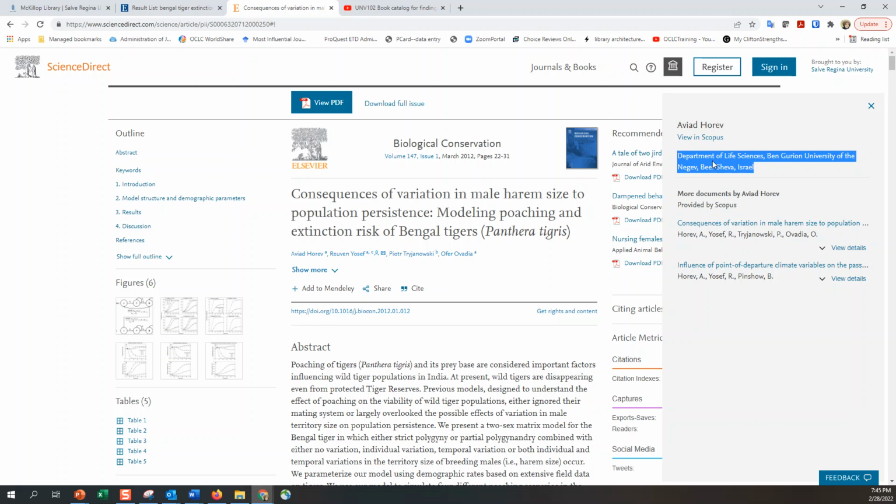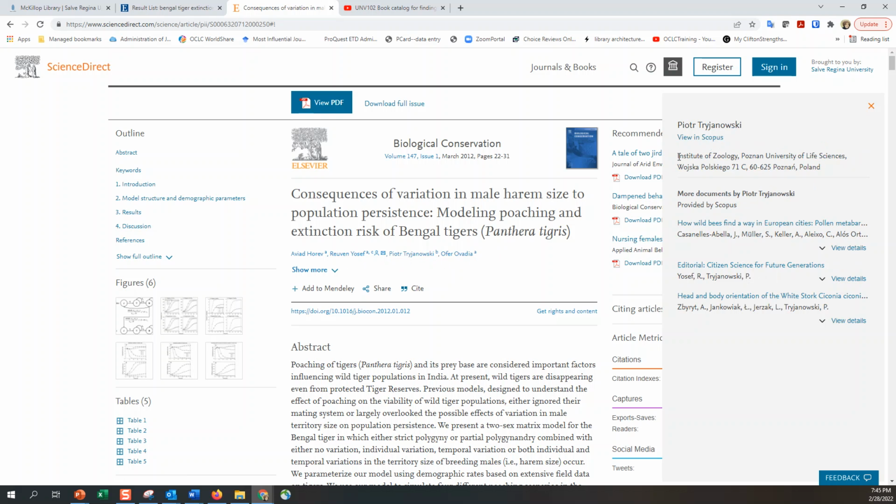So you can see this person is affiliated with the Department of Life Sciences at Ben Gurion University in Israel, and this person is affiliated with the Institute of Zoology at Poznan University of Life Sciences in Poland. So these people are both affiliated with research institutions, so they're probably credible.